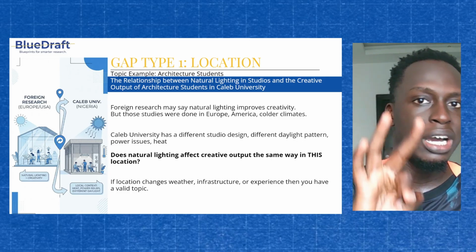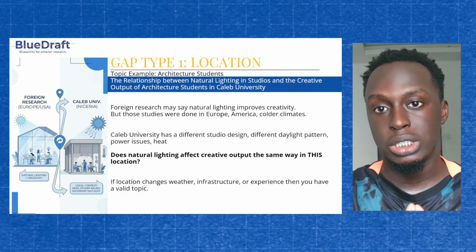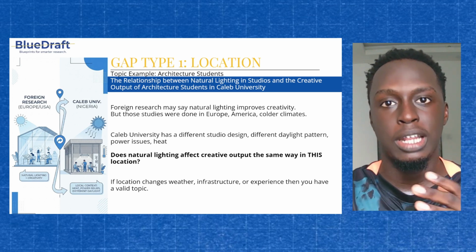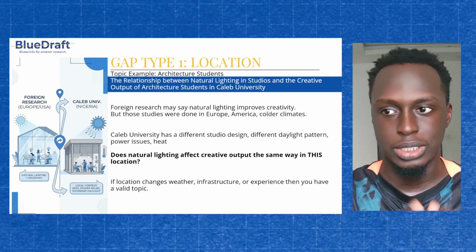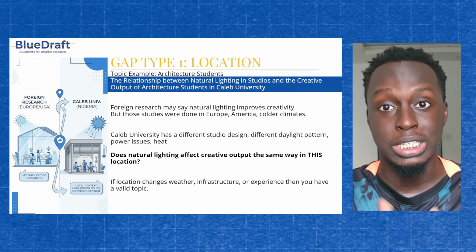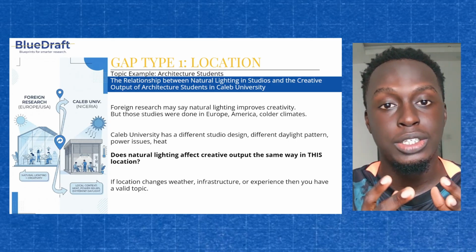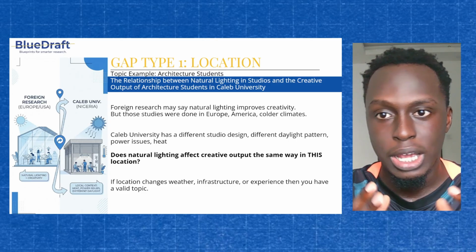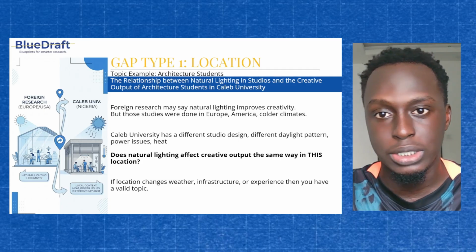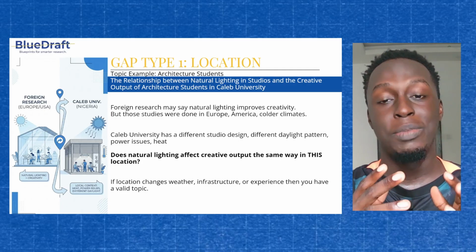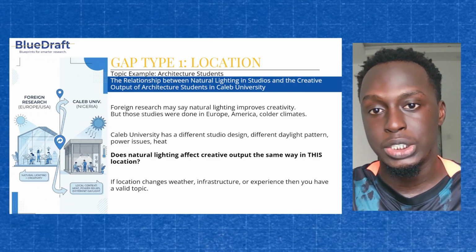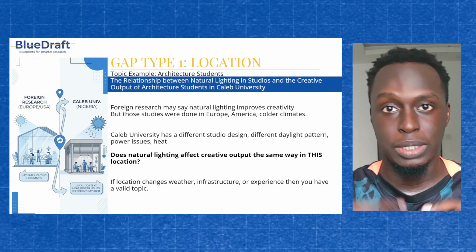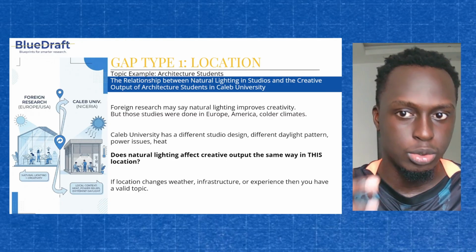So there are 3 gap types I normally use. The first gap type is location, and I'm going to relate it to an architecture student, because I'm an architect and I have architecture students in the community. The topic is the relationship between natural lighting in studios and the creative output of architecture students in Caleb University. Foreign research may say natural lighting improves creativity, but those studies were done in Europe, America, and those colder climates.